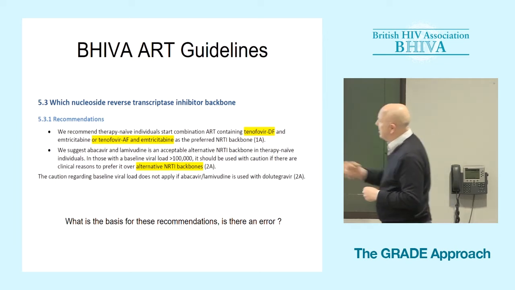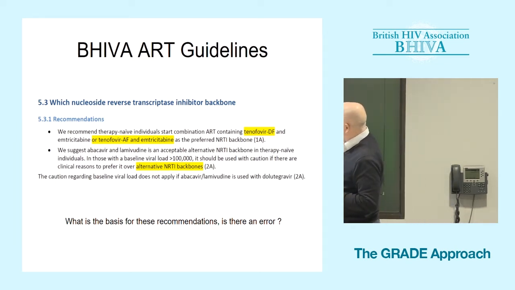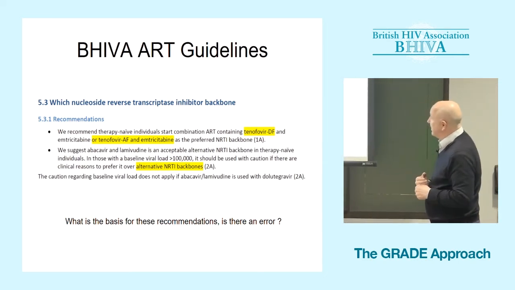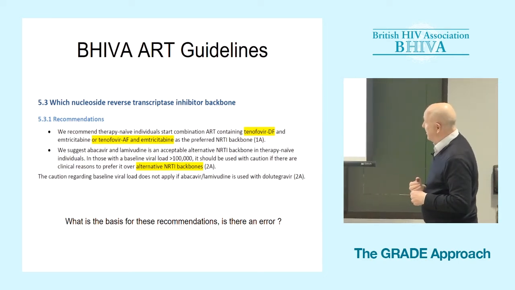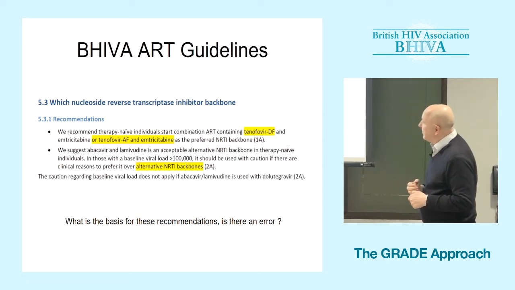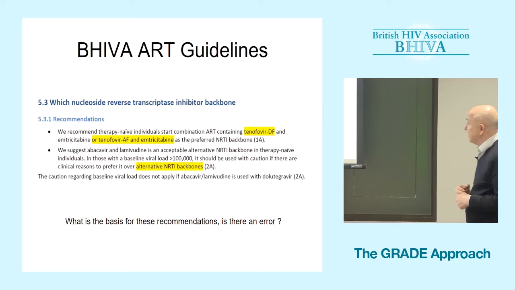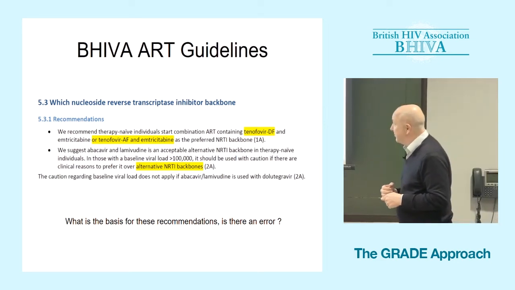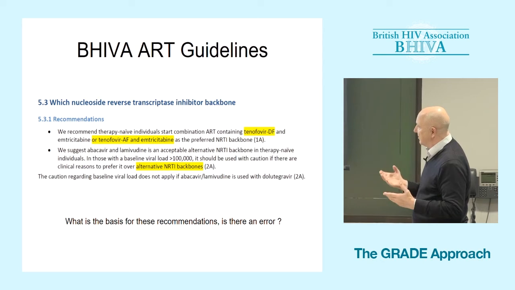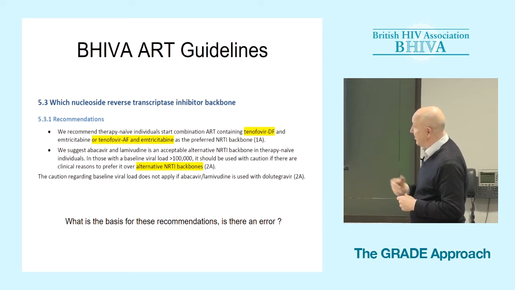So we recommend therapy-naive individuals start combination therapy with those particular NRTI backbones, either tenofovir FTC or TAF FTC as a preferred NRTI backbone, and that was graded 1A. We suggest abacavir is an acceptable alternative NRTI backbone in therapy-naive individuals. In those with baseline viral load greater than 100,000, it should be used with caution if there are clinical reasons to prefer it over alternative NRTI backbones.